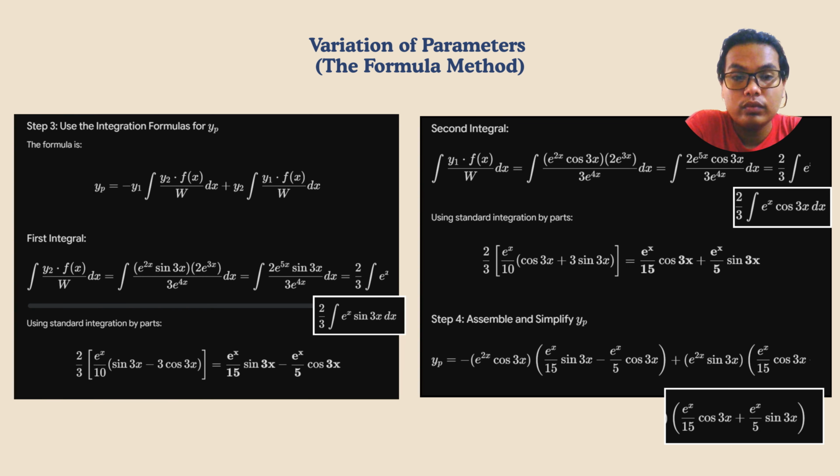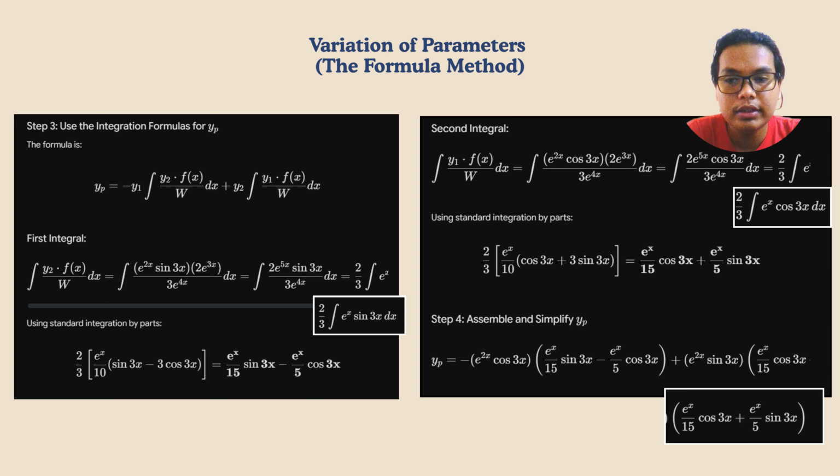The next step, we use the integral formula for yp. yp equals negative y1 times the integral of y2 f(x) over W dx, plus y2 times the integral of y1 f(x) over W dx.